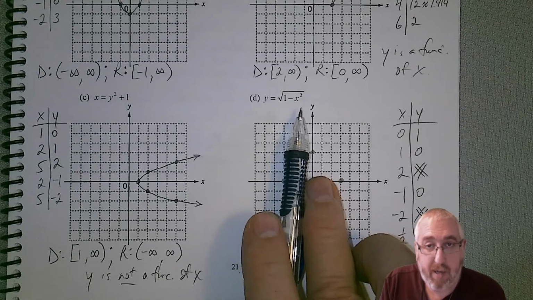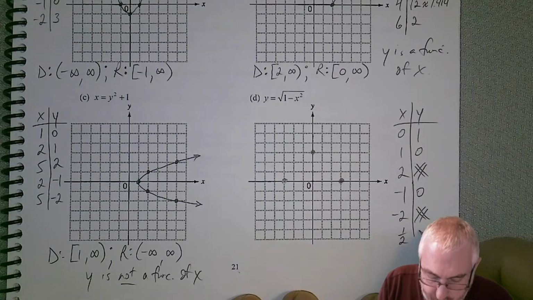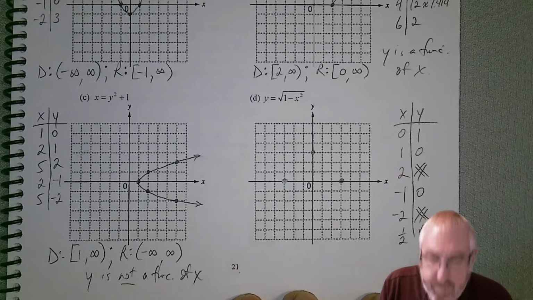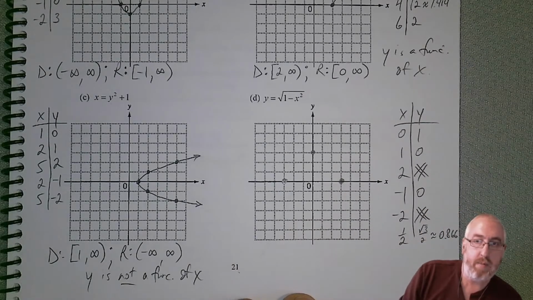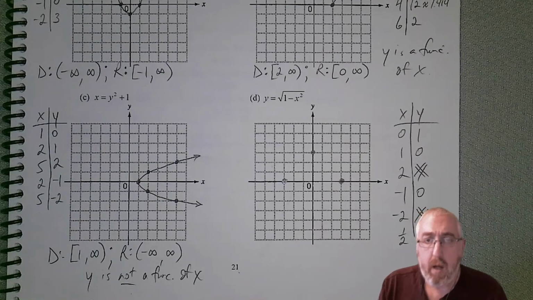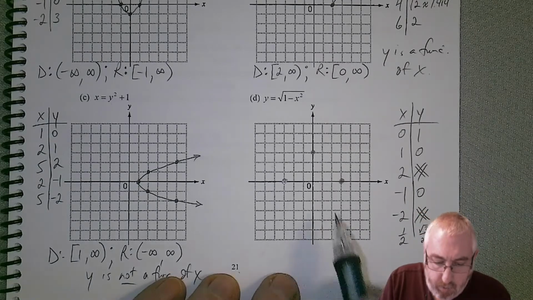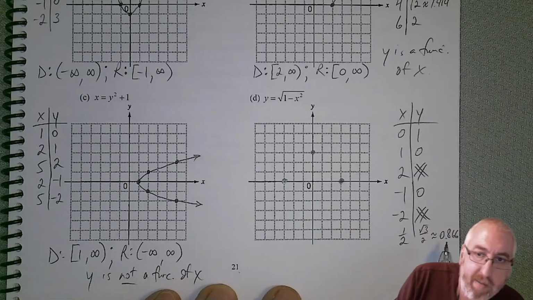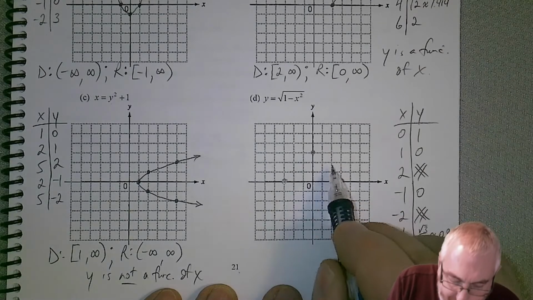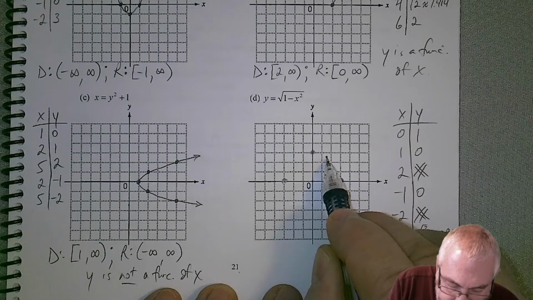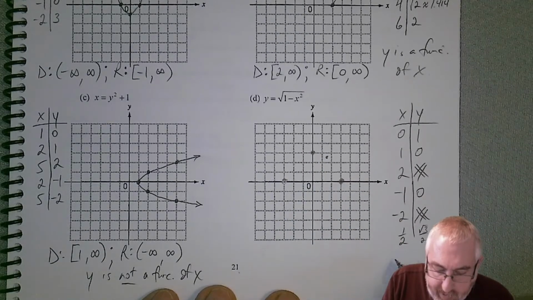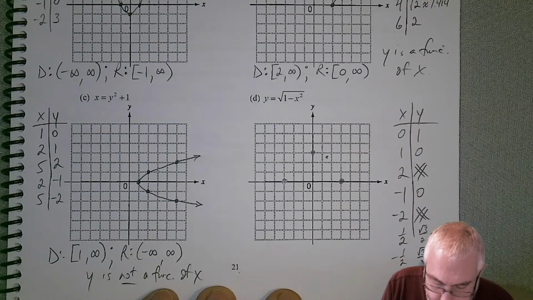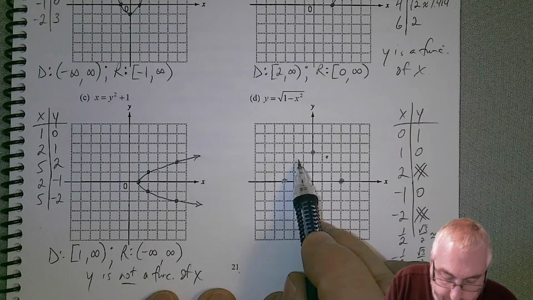Well, we can get a decimal approximation, but I'm thinking we get the square root of 3 over 2, which is approximately 0.866. So at 1/2, we almost get 0.87. So pretty close, so maybe right in here somewhere. And if we did negative 1/2, you're going to find we get the same thing. So that's going to put you right here.